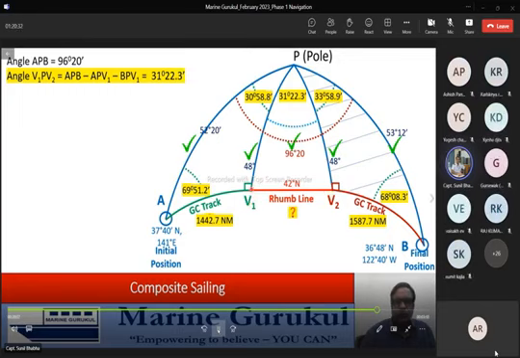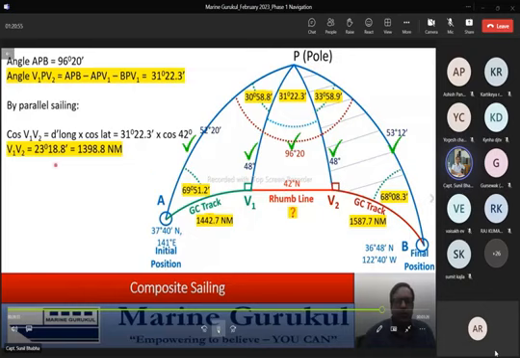Also, the vessel is doing rhumb line along 42 degrees north. So this distance shall be the corresponding departure in this latitude. So by parallel sailing formula, we know this V1 V2 will be equal to D long into cos of limiting latitude 42 degrees. When we put the value, we get distance V1 V2 as 23 degrees 18.8 minutes, which is equal to 1398.8 nautical miles.